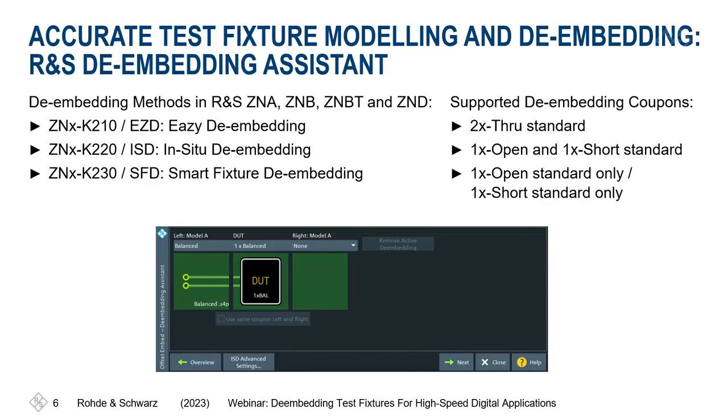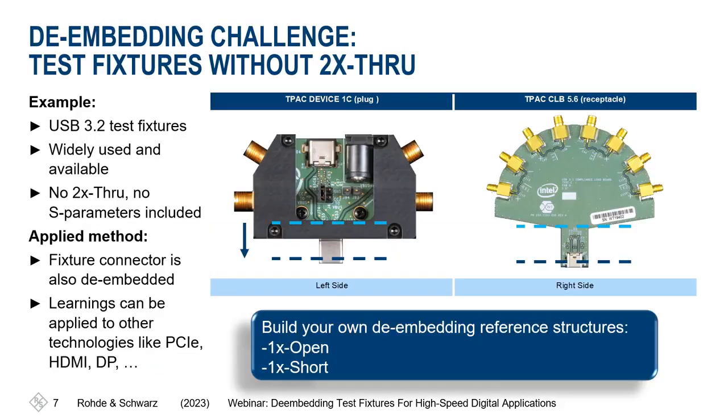At the bottom, you see the de-embedding assistant implemented in our vector network analyzers. This de-embedding assistant guides you through the definition of the topology, the measurement of the coupons, and the measurement of the total structure.